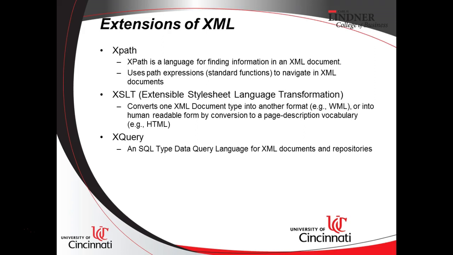So we can take raw data and we can add some kind of formatting to it to style it up. And then XQuery is a SQL or structured query language type data query where we can search through an XML document. So these are some ways that we can use XML that we'll look at in some future videos.